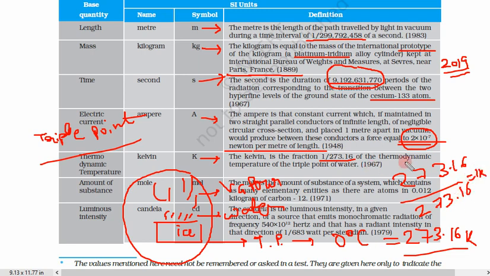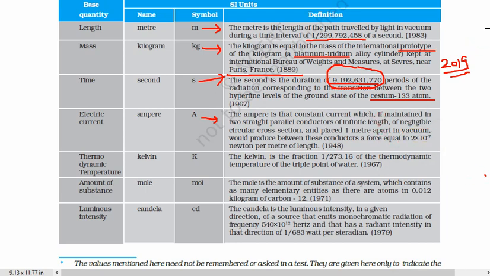So this way we get 1 Kelvin. So Kelvin is this 273.16th part of the temperature at triple point, and triple point is when ice, vapor and water all coexist simultaneously.